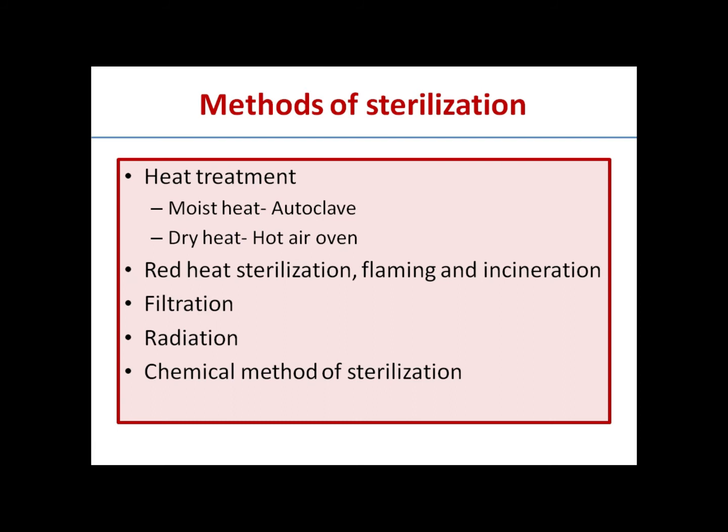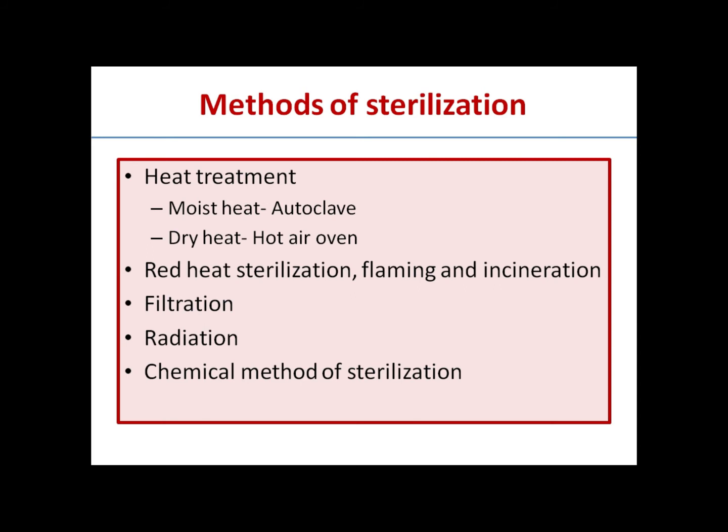Now coming to the methods of sterilization. The methods can be grouped into heat treatment. Under heat treatment we have two types of heat, moist heat and dry heat. Moist heat treatment is done in an equipment called an autoclave. Dry heat treatment is done in an equipment called a hot air oven.